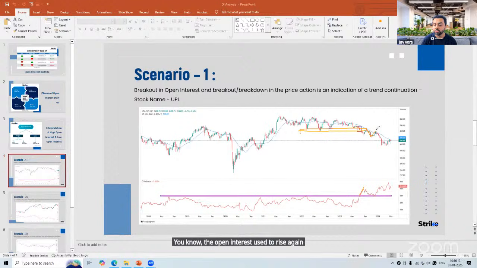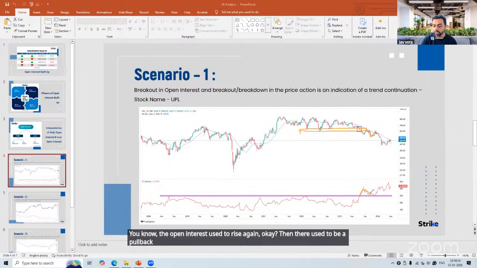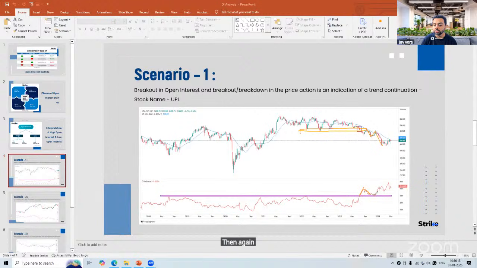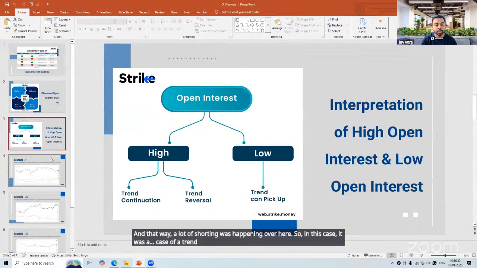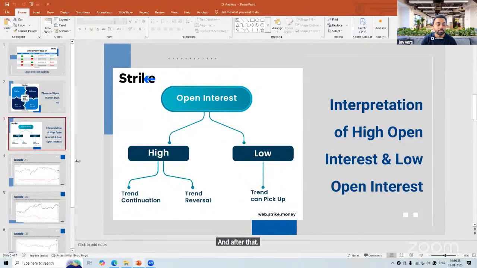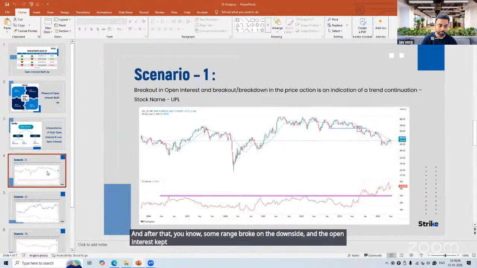Then there used to be a pullback, some short covering, then again prices used to go down, and open interest used to surge, and that way a lot of shorting was happening over here. So in this case, it was a case of trend continuation, which means open interest was already high, and after that some range broke on the downside, and the open interest kept rising higher.